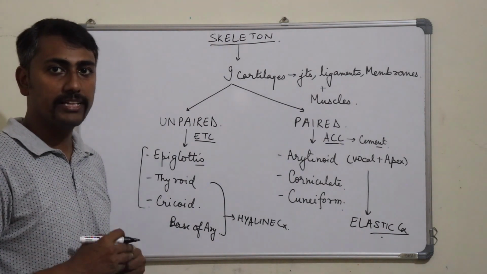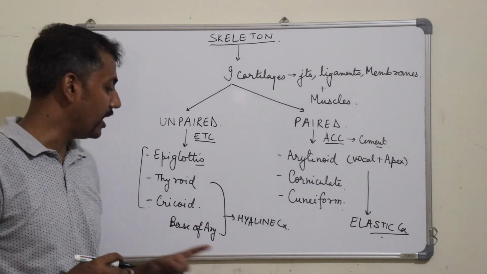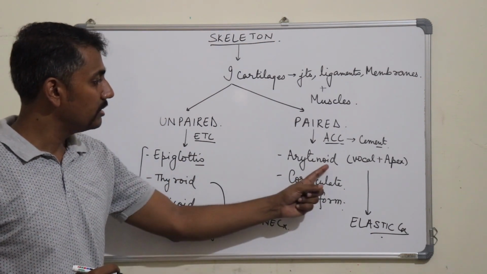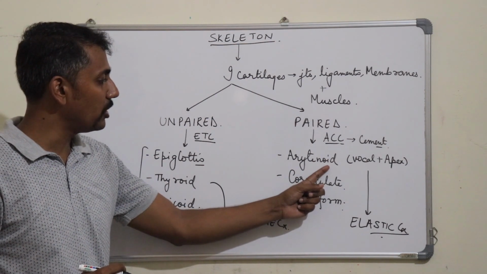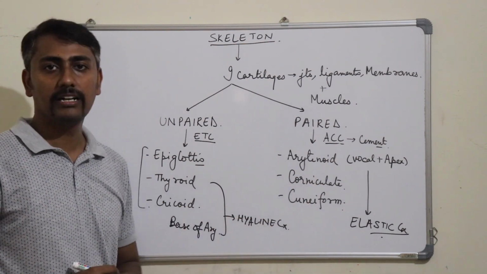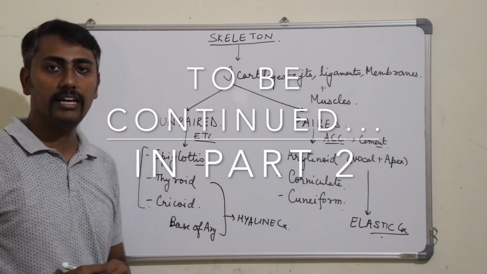Okay, so we can say that all the cartilages of the larynx are made up of hyaline cartilage except the epiglottis, the vocal and the apex of the arytenoid, the corniculate and cuneiform, which are elastic cartilages. Now we will see each of these laryngeal cartilages in detail.